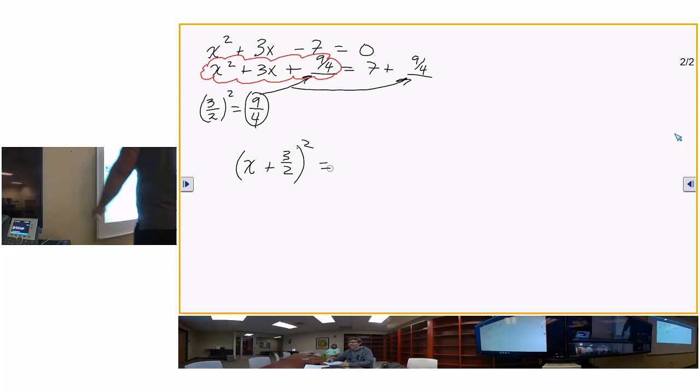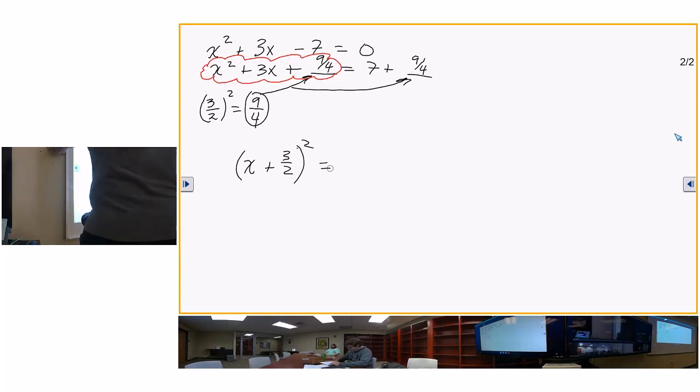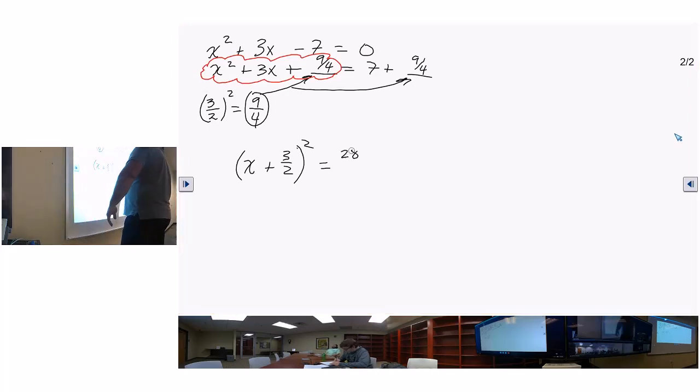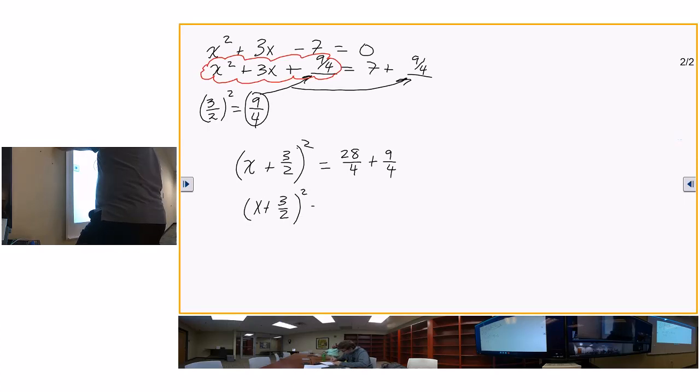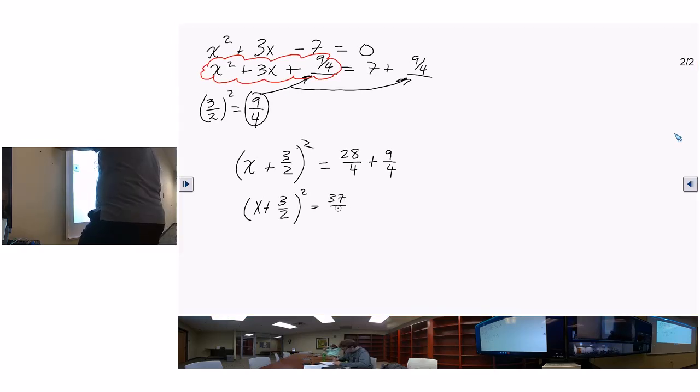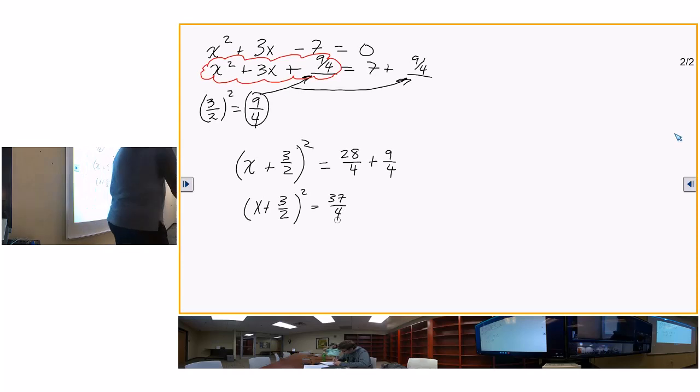Oh, we gotta get a common denominator. 7 times 4 is 28, so that's 28/4 plus 9/4. So x plus 3/2 quantity squared is equal to 28 plus 9 is 37. 37. All right, finish it.